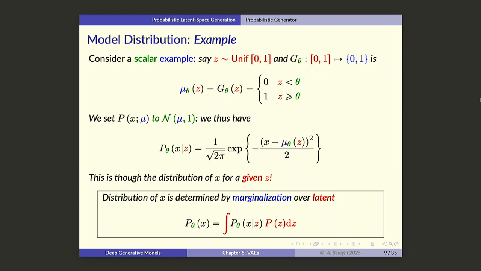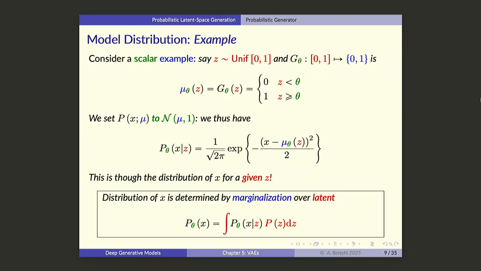This is the model that I set, and this is my choice: I started to sample from some uniform distribution. So I'm going to put my choice here, and I have everything I need to compute the data distribution.